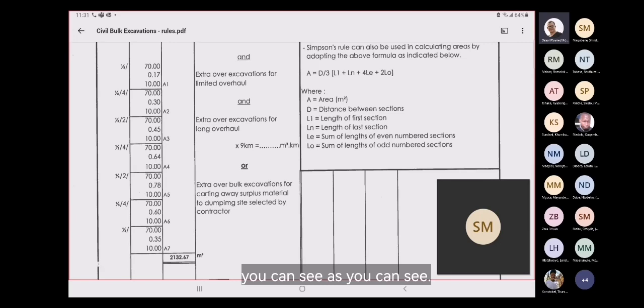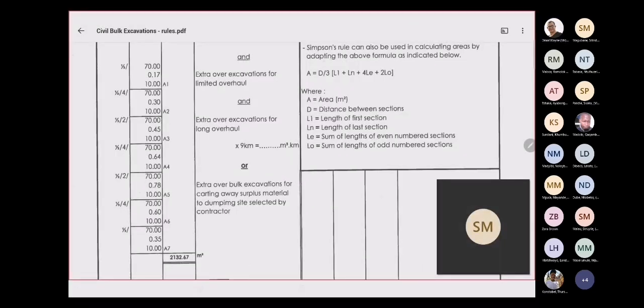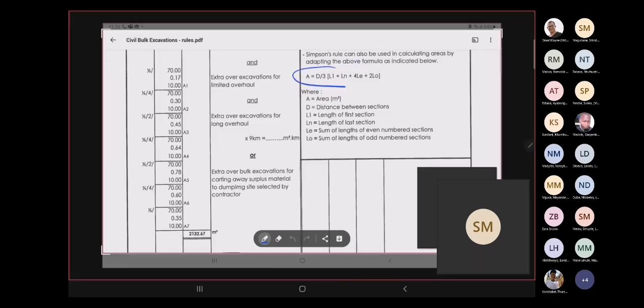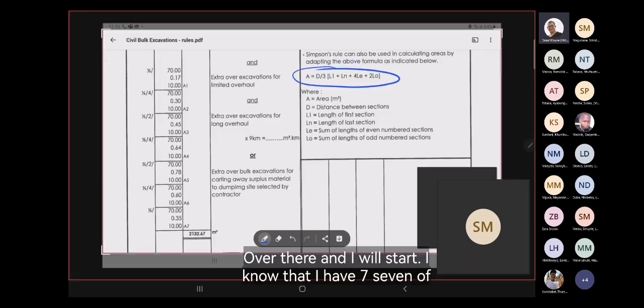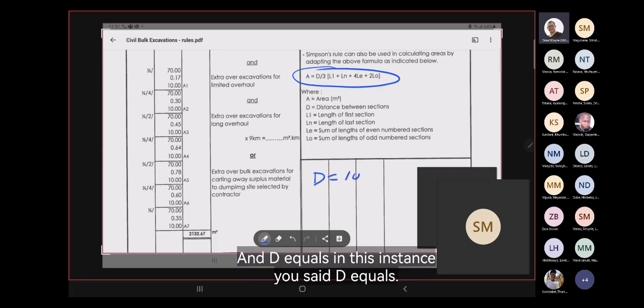As you can see, my formula is given to me over there. I know that I have seven of these sections. So for my first one, I'll start out with D over 3, and D equals, in this instance, 10,000 meters.